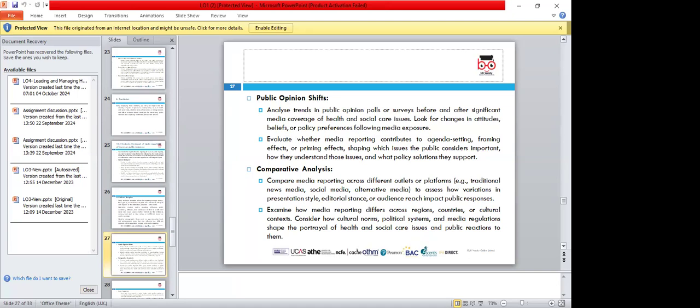We've spoken about public opinion and how to analyze those opinions. Comparative analysis: compare media reporting across different outlets or platforms, e.g., traditional media, social media, alternative media, to assess how variations in presentation style, editorial stance, audience, visual impact, and reform.